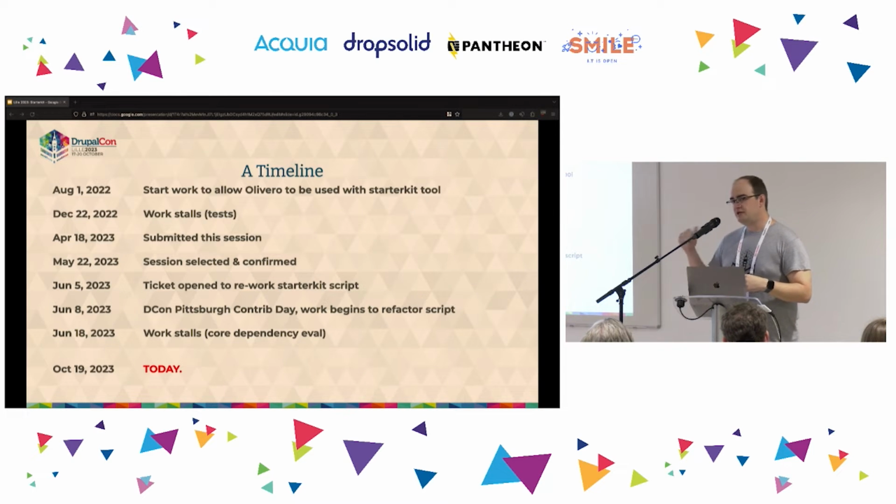One of the things we decided to do with Olivero after seeing what had happened to Bartik was to try to dissuade people from using it as a base theme. When people started using Bartik as a base theme, everything about it kind of became an API, and people were relying on it, and it had to be backwards compatible.